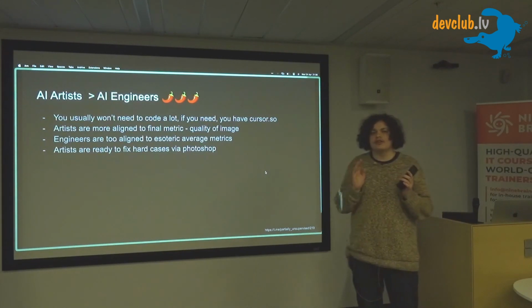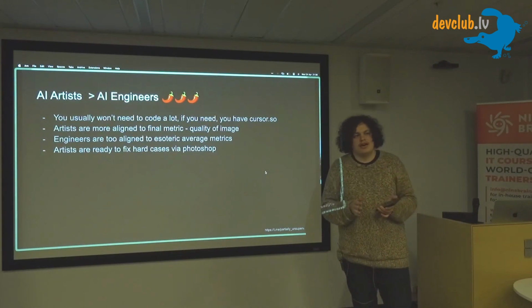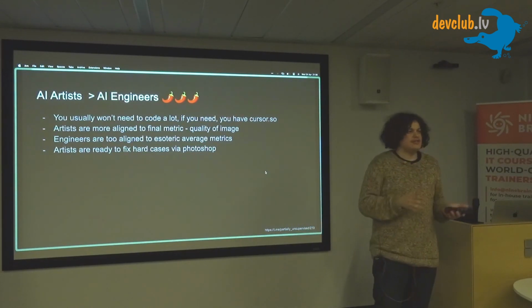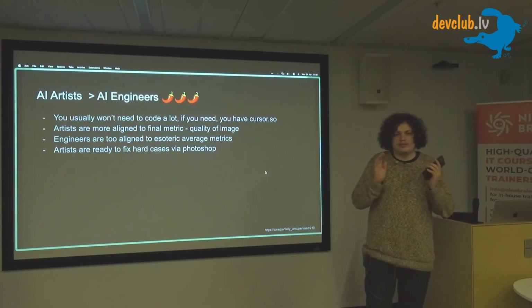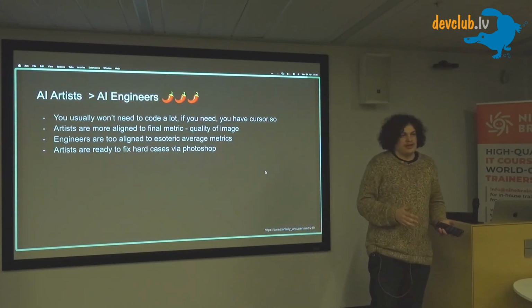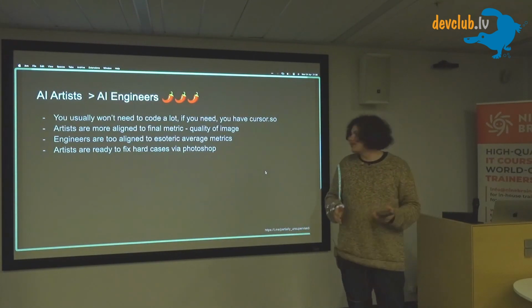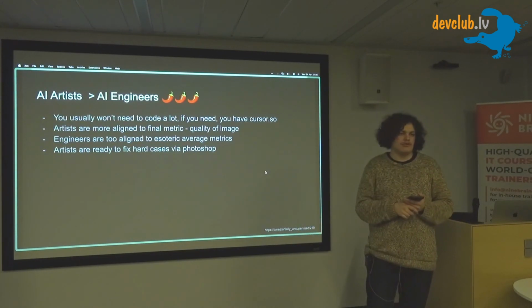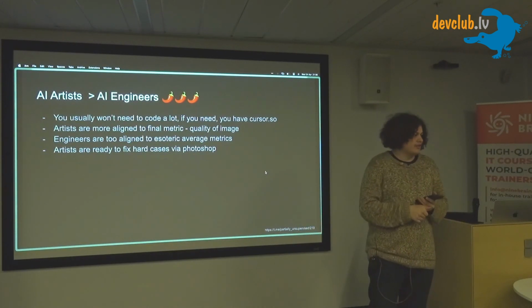When you're having a startup, you have some production baselines. So you don't really need AI researchers and AI engineers. I do believe you need more AI artists. Why is it so? Basically, AI engineers are more focused on the final average metric.